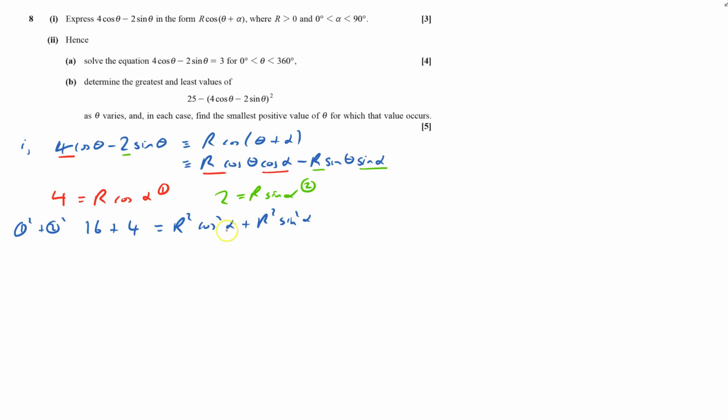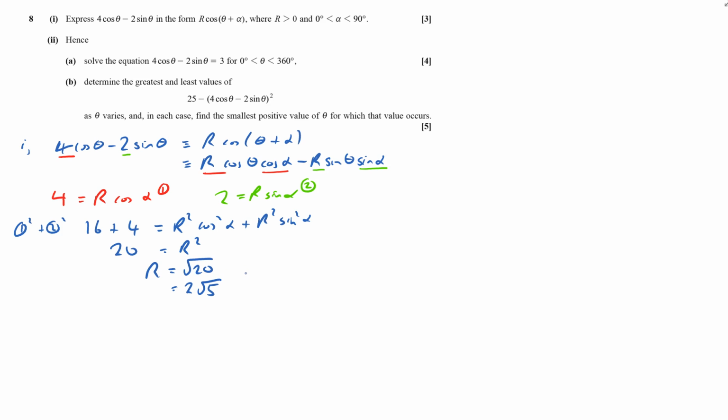Factorize this to get r squared times cos squared plus sine squared, which is 1. So this says that 20 equals r squared, and therefore r equals the square root of 20, or the square root of 4 times 5, which equals 2 root 5.